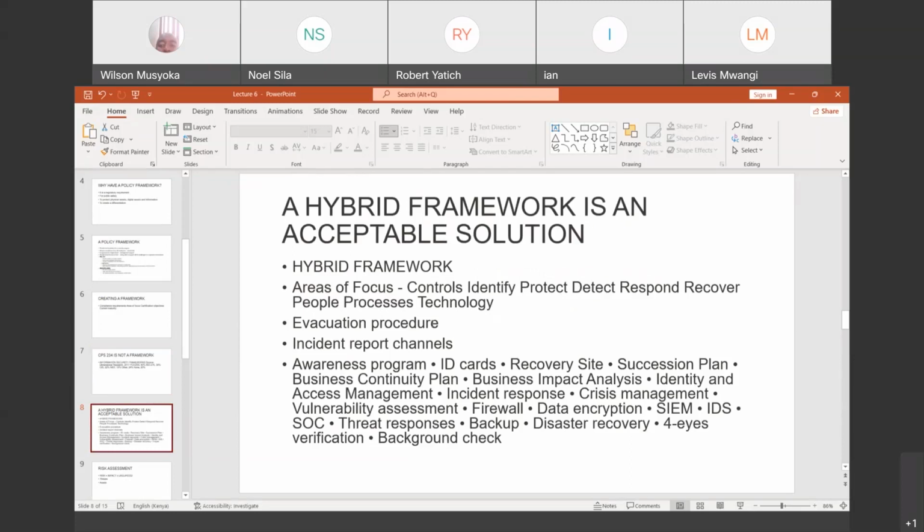You're also looking at a hybrid framework for evacuation procedures if there is a disaster, incident reporting channels, or awareness programs like ID cards, succession plans, all of that. So a hybrid framework is going to work best depending on what you want.